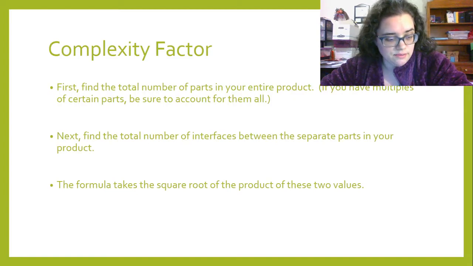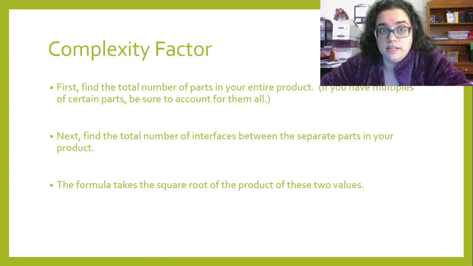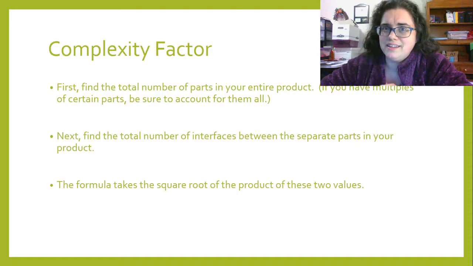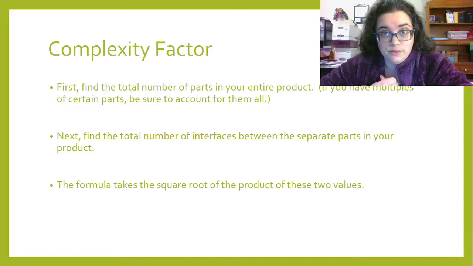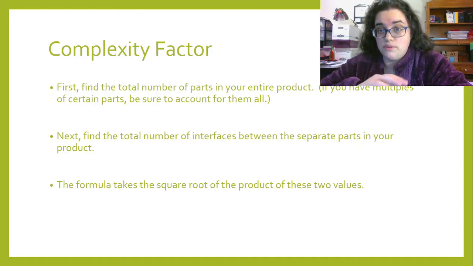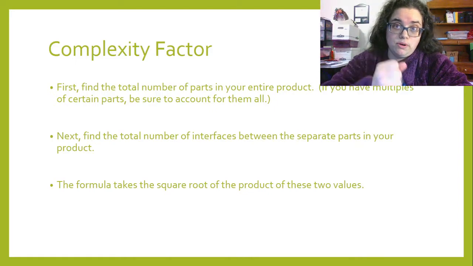One thing I have for y'all to do is to calculate what's called the complexity factor. This is a way of quantifying how economical, in this sense, your design is. What you're going to do is add up the number of all the total parts in your product.